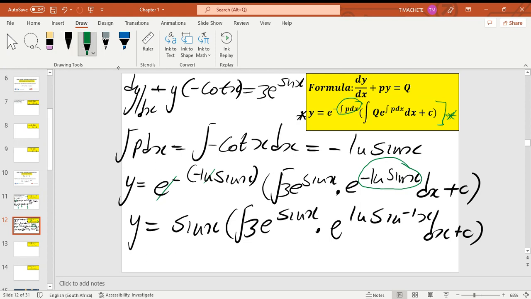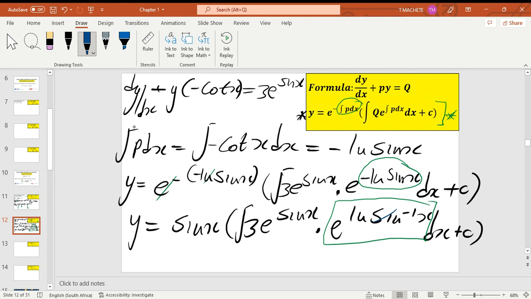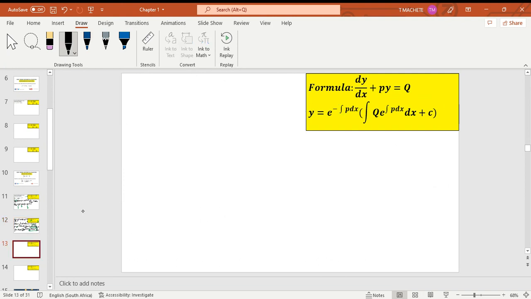Then the only part that we need to solve is this one. To solve that part, you see there you've got e and ln, so the e and ln will cancel here. Okay, let's proceed to the next slide.